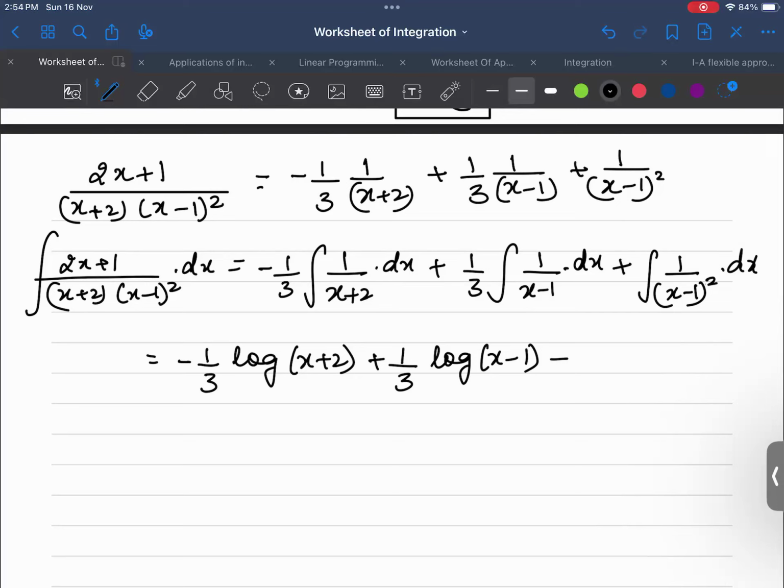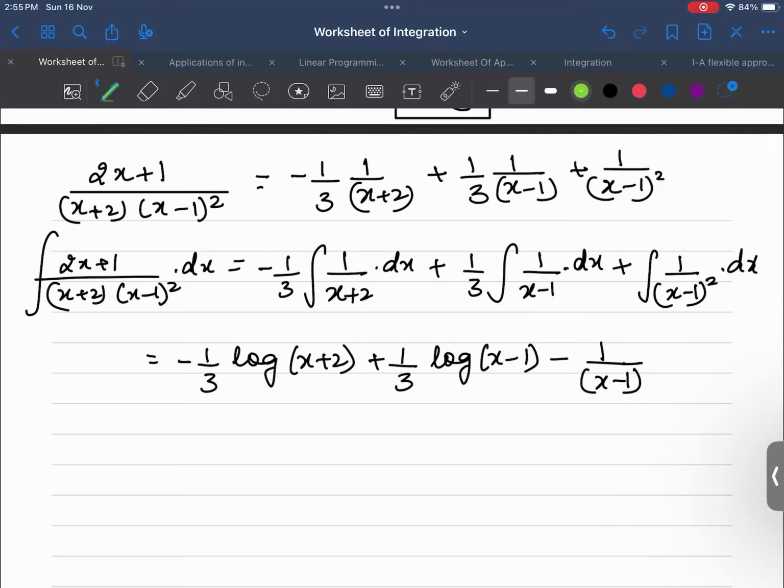Previously we have done it, 1 upon x minus 1 whole square. It will not be considered as a log, but we will solve it in a simple way. The minus sign will come out, and as in the previous questions in the previous sessions, we have done it. How to integrate it is a simple one. Take the power minus 2 and plus 1 upon minus 1.